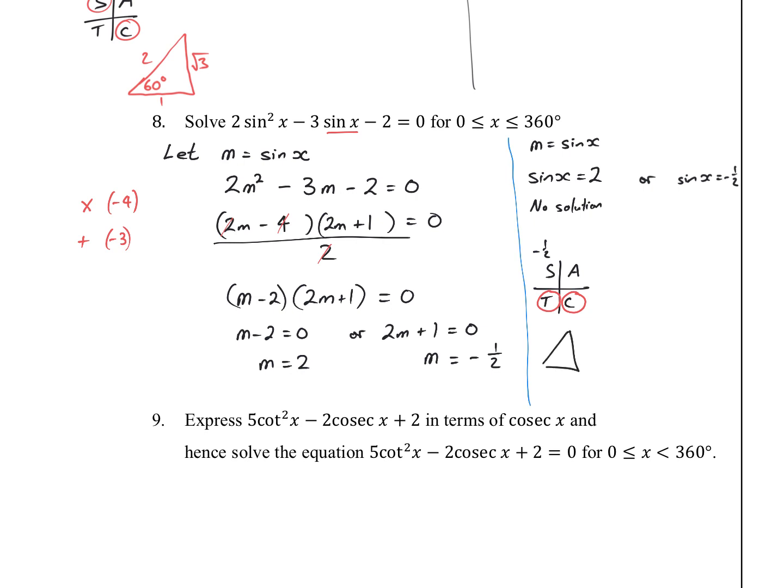So we want the 1 to root 3, and we want 1 to be opposite, so we're looking at this angle, which is 30 degrees. So x is going to be equal to 180 plus 30, which is 210, or x is going to be equal to 360 minus 30, which is 330. So I'm just going to put, therefore x equals 210 degrees, 330 degrees.